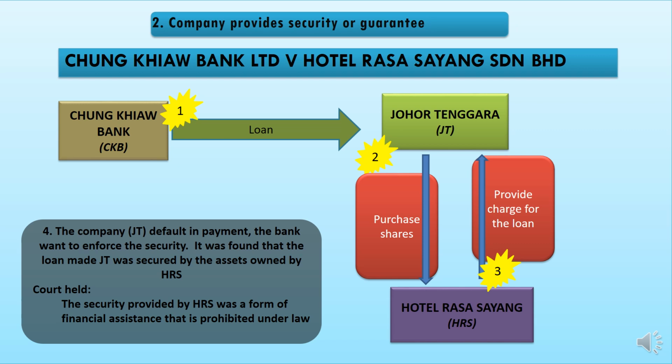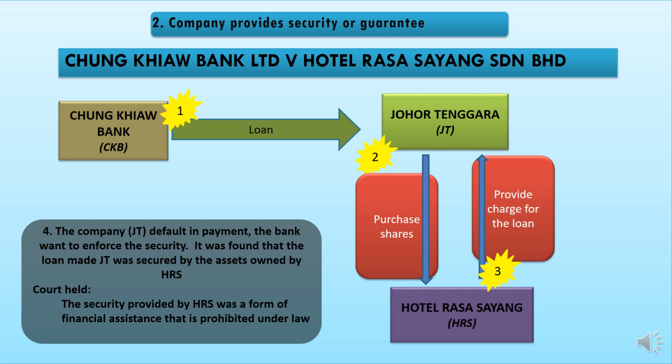No, nothing wrong. It became financial assistance at the moment Johor Tenggara took the loan. Johor Tenggara did not provide a guarantee, mortgage or charge for the loan, but the charge was provided by Hotel Rasa Sayang.